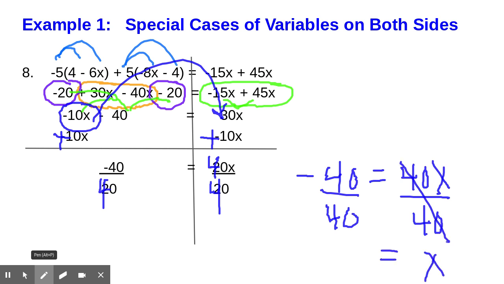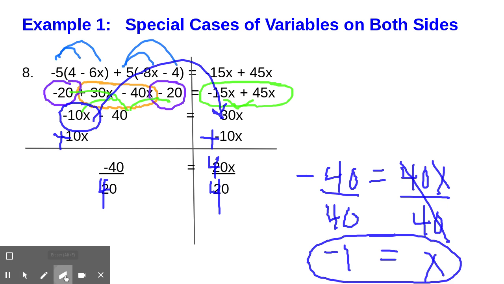Those 40s cross out, and I am left with an answer of x equals negative 1. All right, so here I actually get an answer because I had different baby bear mama bears. I had different variable terms where I was allowed to take one to the other side. And when I did that, I am still left with the x, and x equals negative 1.